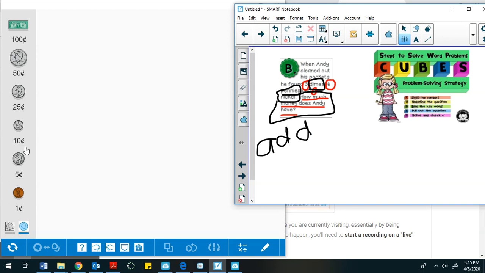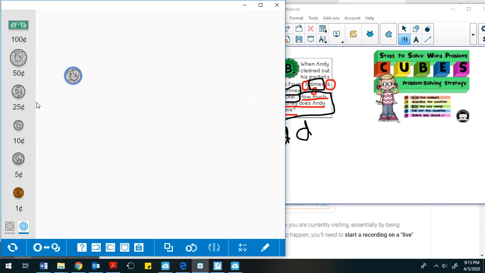So I'm going to use my website to help me. And I know by looking at my word problem that I have 5 dimes. So here's my dimes. I'm going to get out 5 of them. I have 6 pennies.